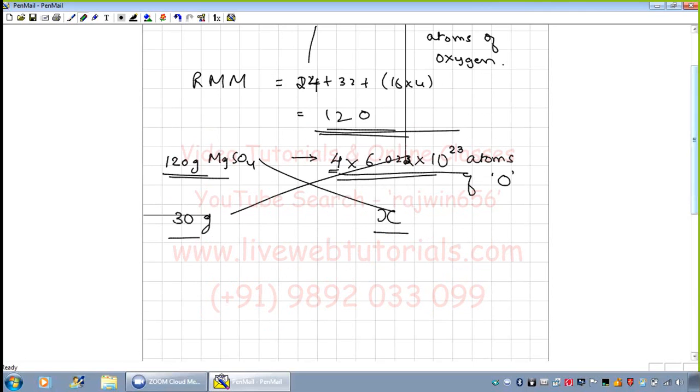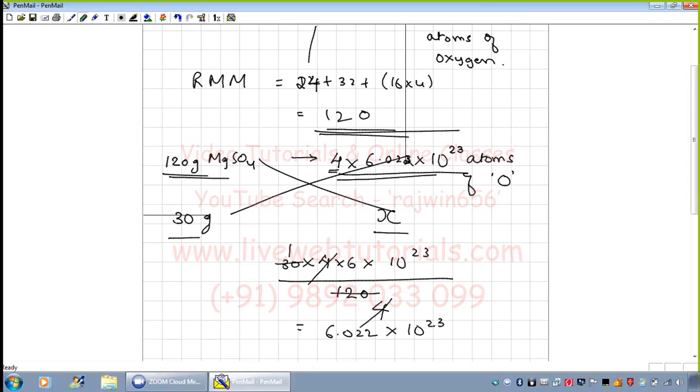If you calculate, it is going to become 4 into 6 multiplied by 10 raised to 23 multiplied by 30 divided by 120. So this will be 1, this will be 4. Your answer is 6.022 multiplied by 10 raised to 23 atoms of oxygen.